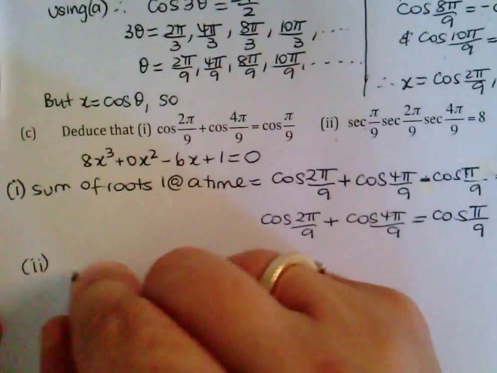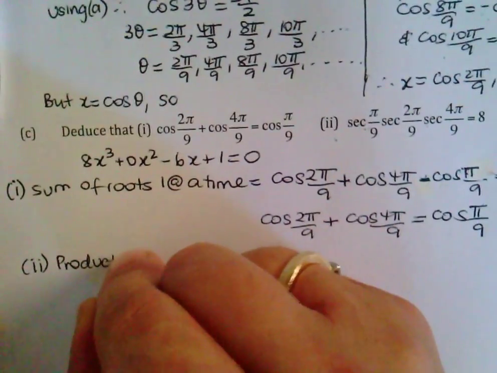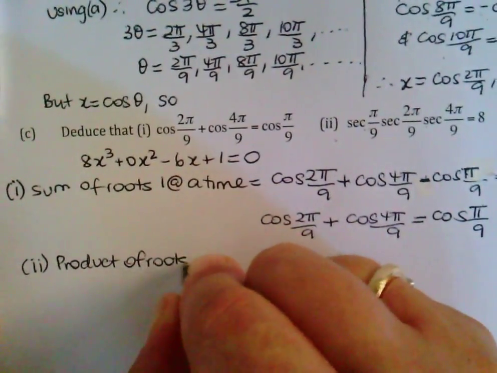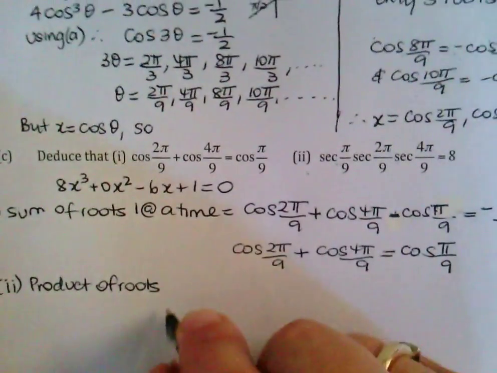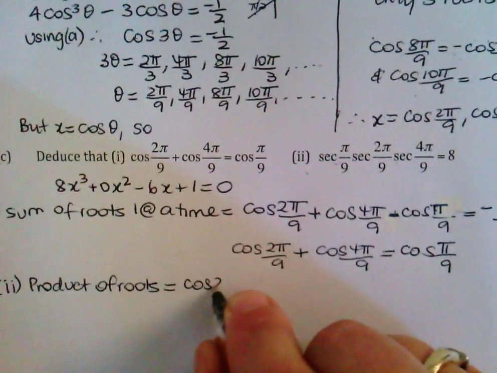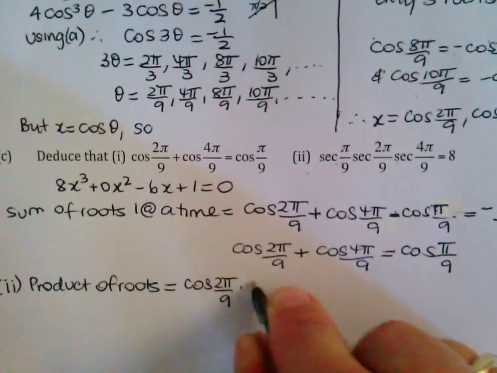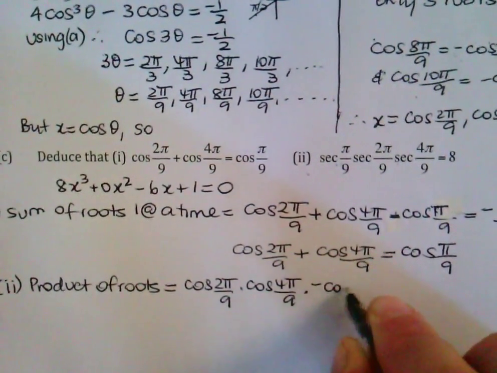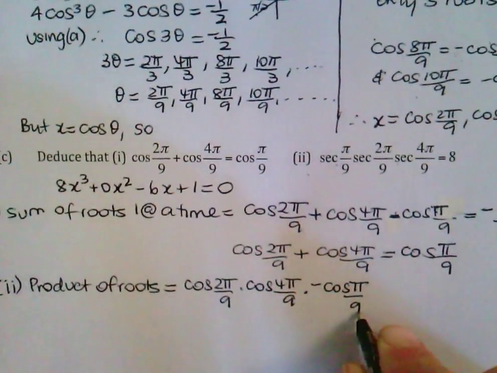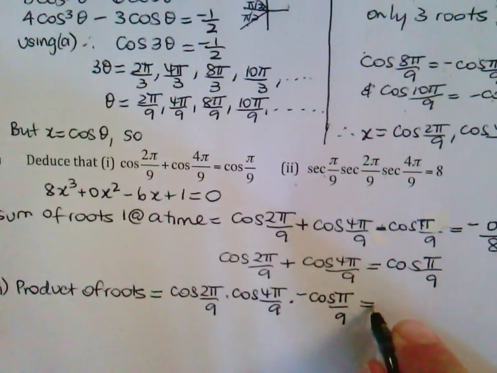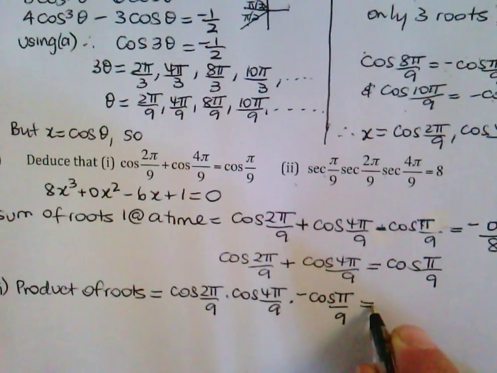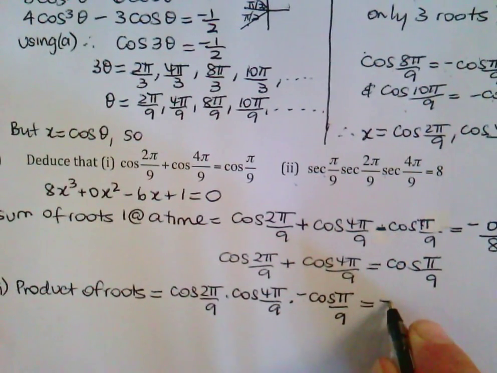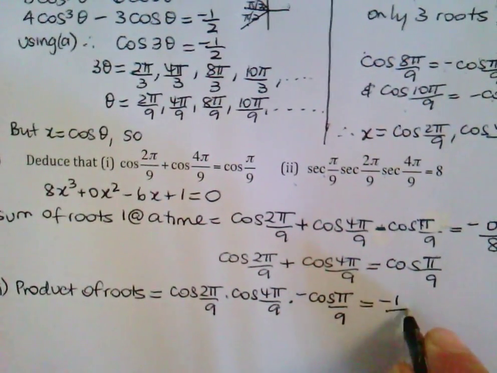So now we want to do for part 2, therefore the product of roots, 3 at a time, is cos of 2 pi on 9 times cos of 4 pi on 9 times negative cos of pi on 9 is equal to negative d on a, which is negative 1 on 8.